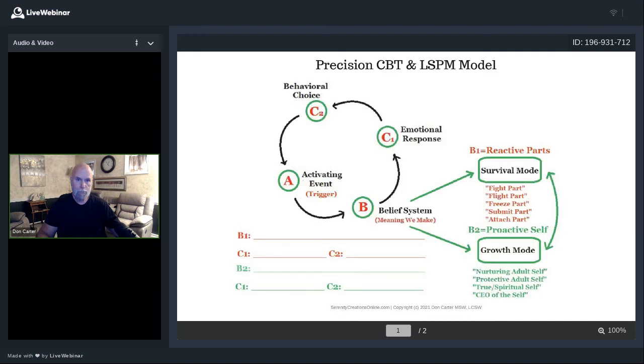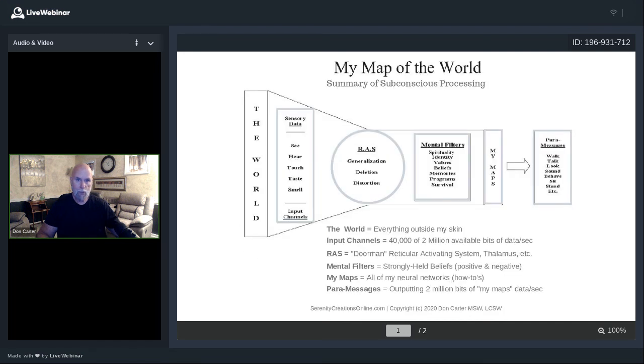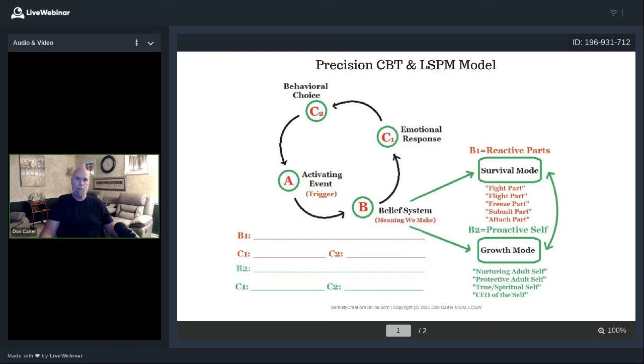Okay, so let's take a look at one of the things that we can do in order to zoom in on the core beliefs and the parts of self that are being activated. If we look at a CBT model like this Precision CBT that I combined with my LSPM model, the A here equals activating event or the trigger. Something happens.